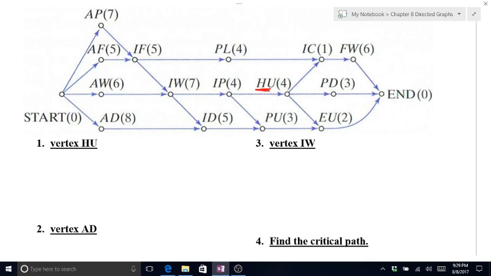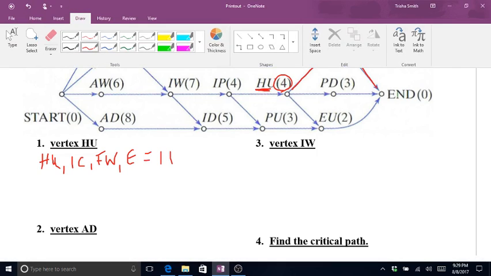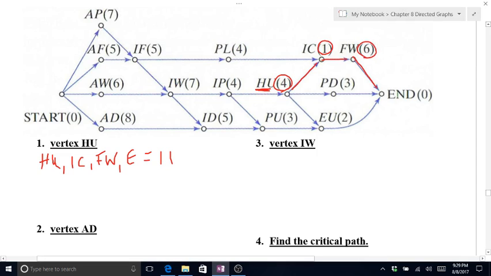I can go from HU to IC, from IC to FW, to the end. That's a total of 4, 5, 11. Okay, I can also go from HU to PD and PD to the end.